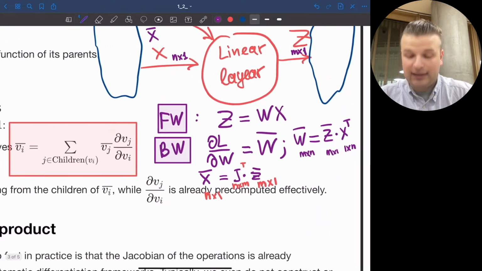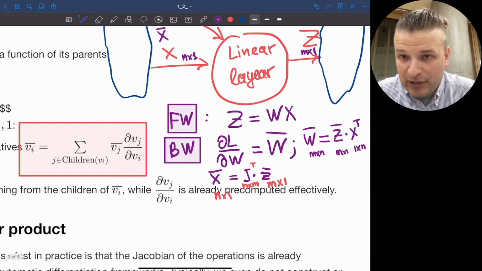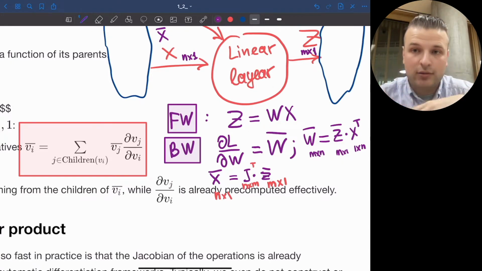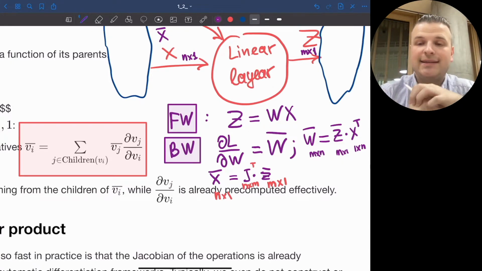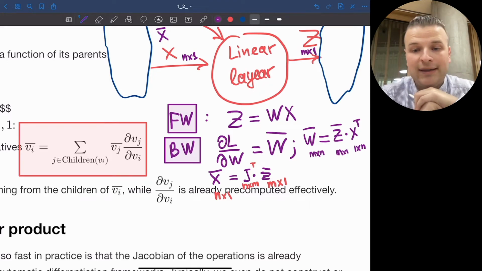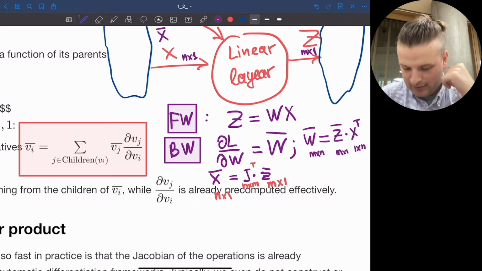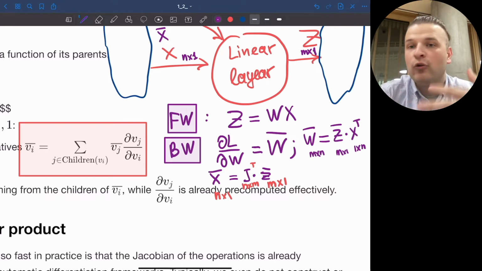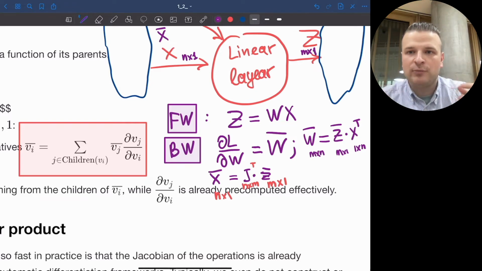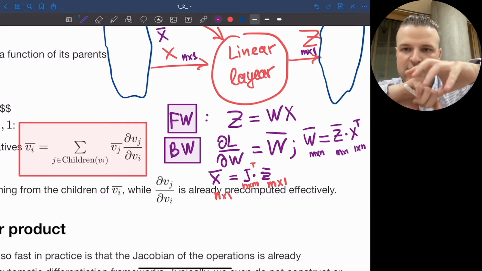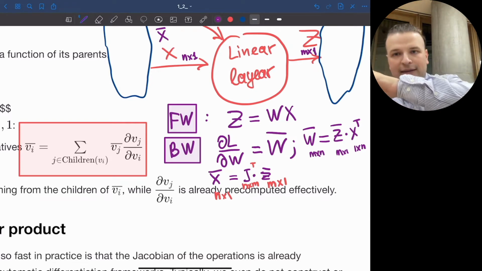And again, typically, during our backward pass, we have to calculate about twice as many objects compared to the forward pass, because during the forward pass, we are just putting all these things together and propagating further.